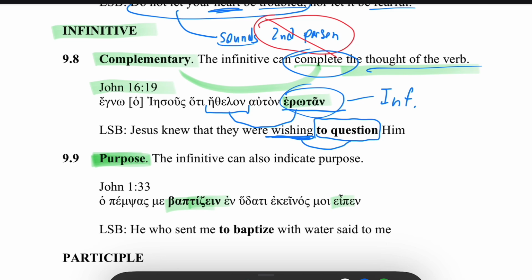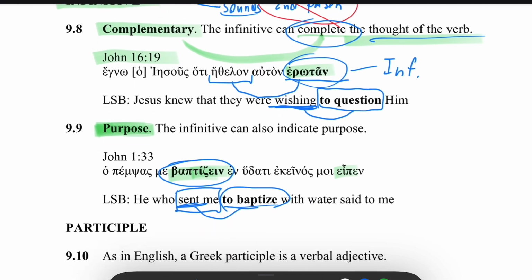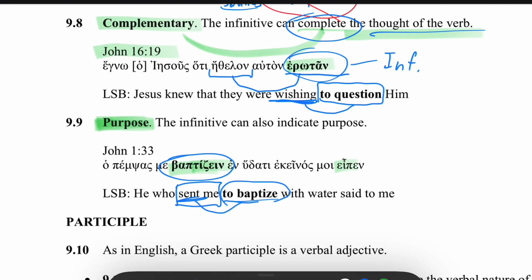So this idea of a purpose, the purpose of he was sent to baptize. Now, this is a little bit different than the complementary because this kind of stands alone a little bit better, whereas the to baptize is really highlighting the purpose element of why. Why was this person sent?